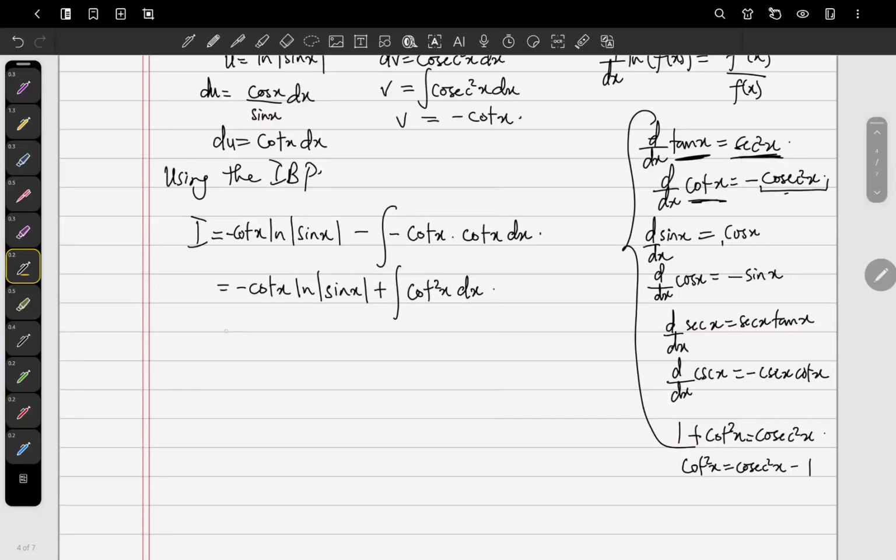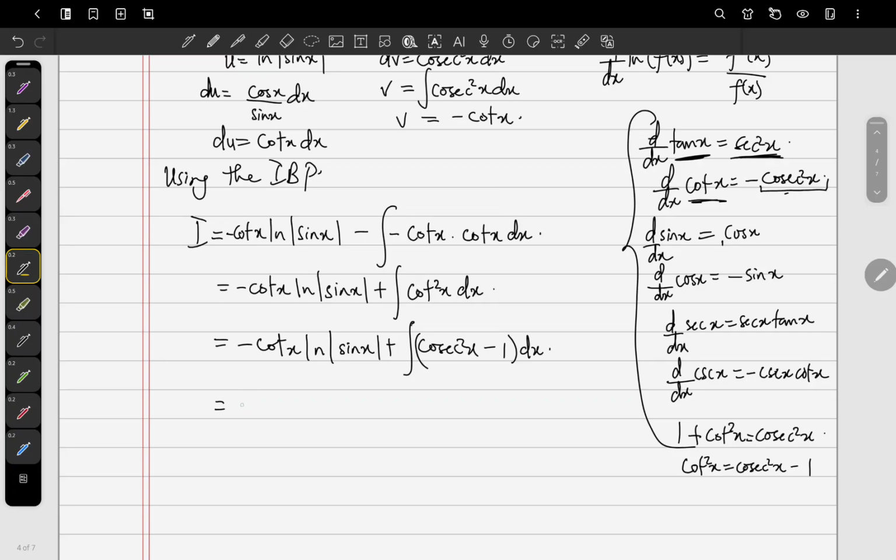So we can rewrite our integral as negative cot x ln of sine x plus the integral of cosec squared x minus 1 with respect to x. Now this is simple because from what we have on the side here, we know the integral of cosec squared x.